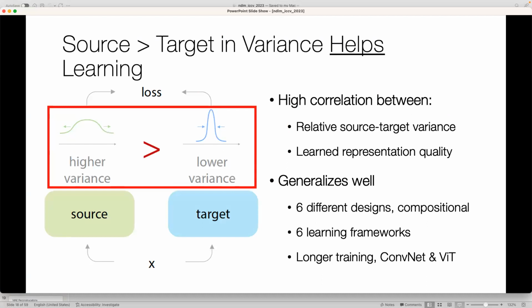So the important takeaway is we find for this kind of CMS learning, the variance of the source should be relatively higher than the variance of the target in order for anything to help. So if you have come up with some idea, maybe you can first try to measure the variance that this idea brings about. And now you will know which side this idea should be plugged into.